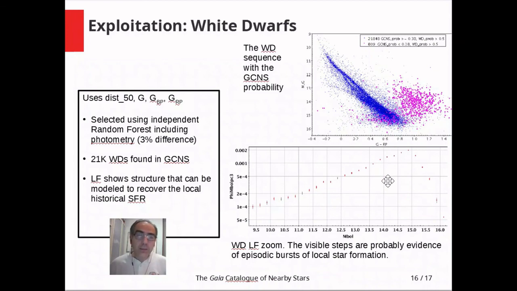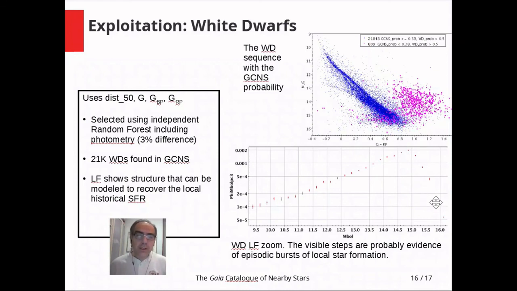That could be studied in more detail thanks to this sample. And also we detected that the bright peak here, the larger peak of population, seems to be brighter than we thought before with previous studies.